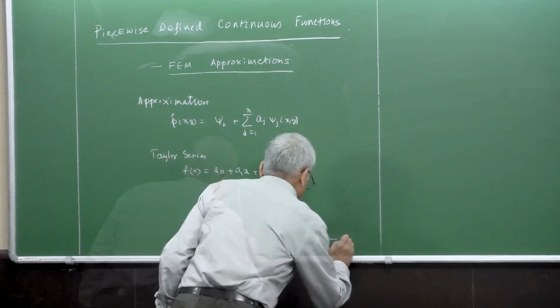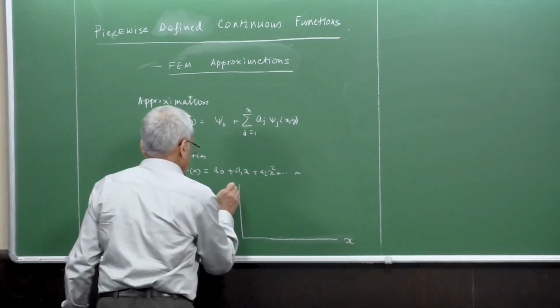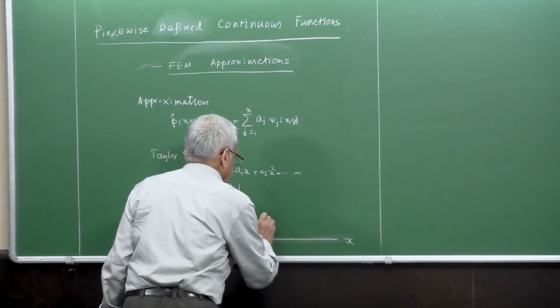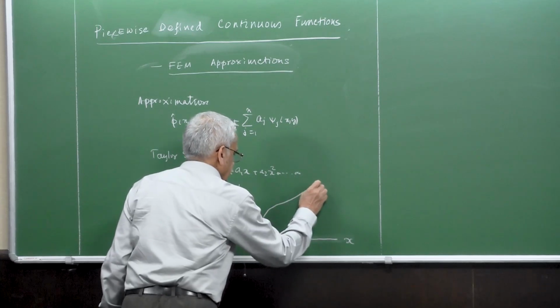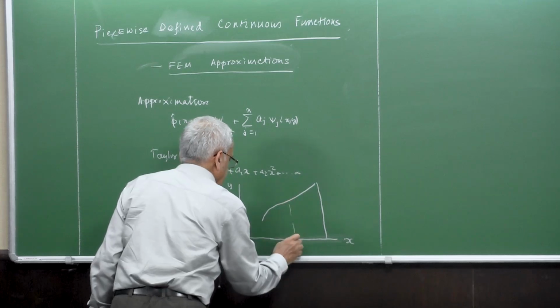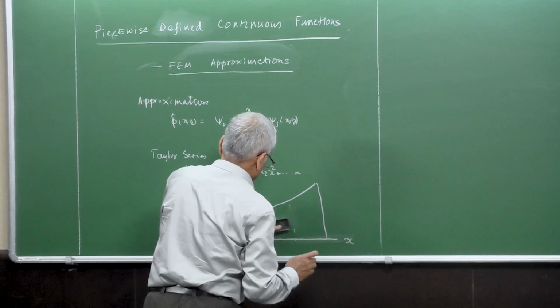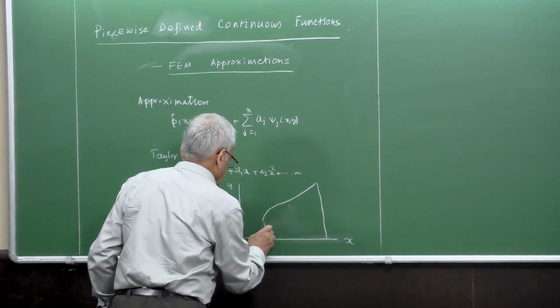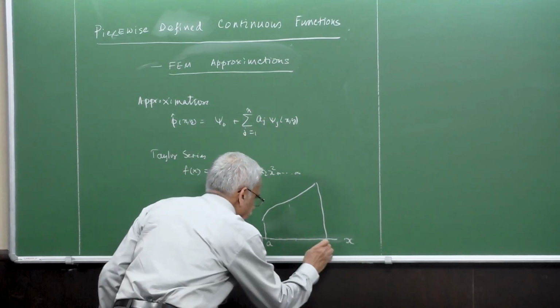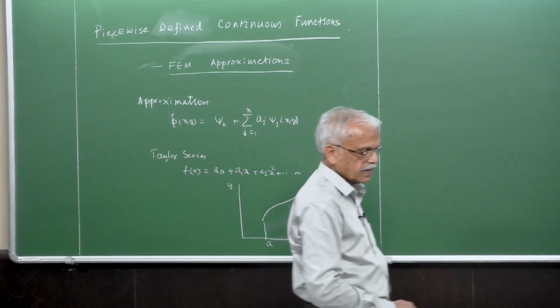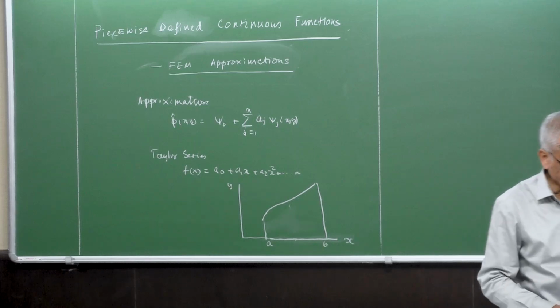So let's just look at this. If there is some function in some interval AB, we can have several approximations here.